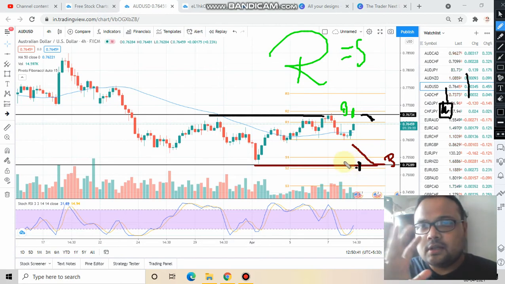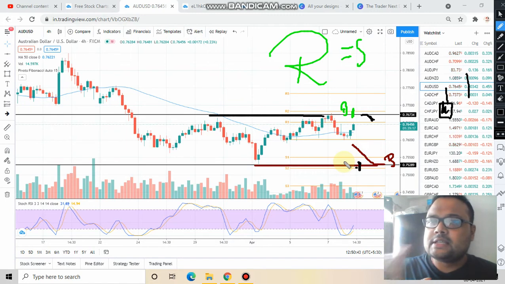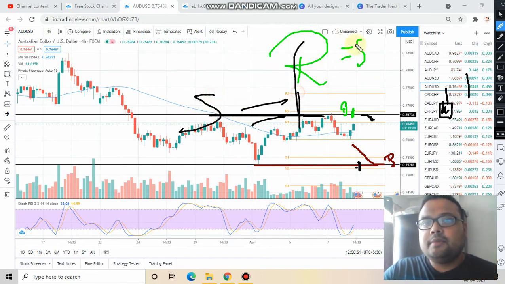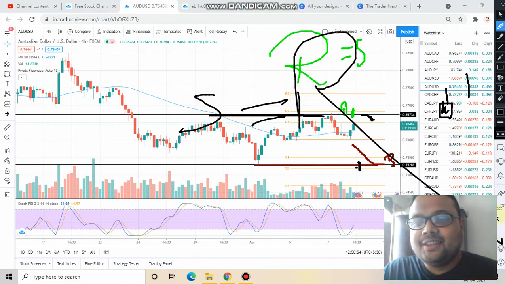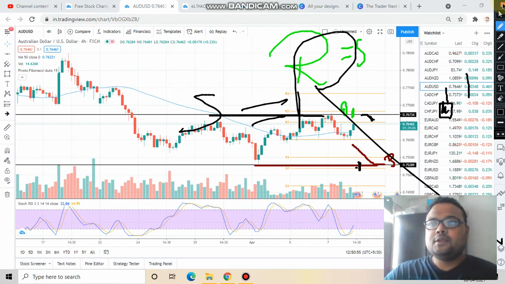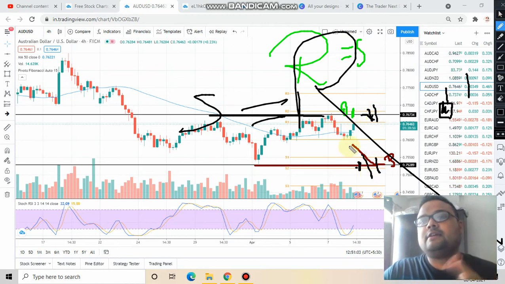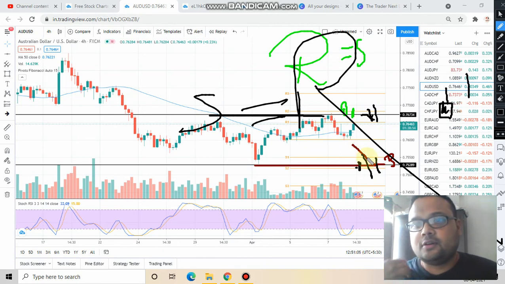Just wait for 3 to 4 hours and let the market trade below this level. If you see that the market is really trading below this level, the support has become the resistance, now you can short the market. So be careful, and hopefully you have understood what you need to do. Let the market either reach this level or this level, then only you should execute the order.